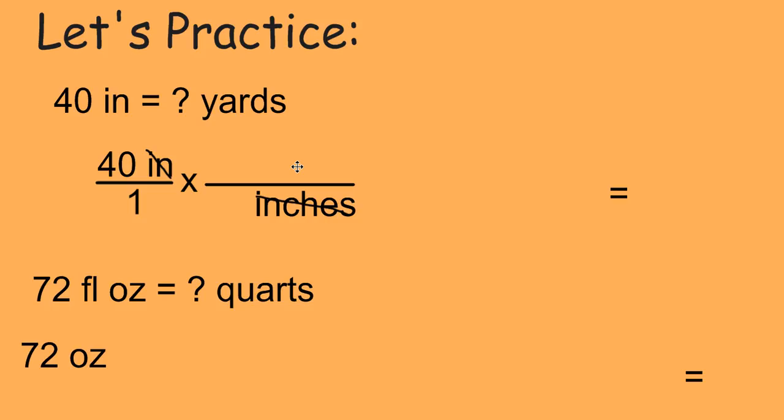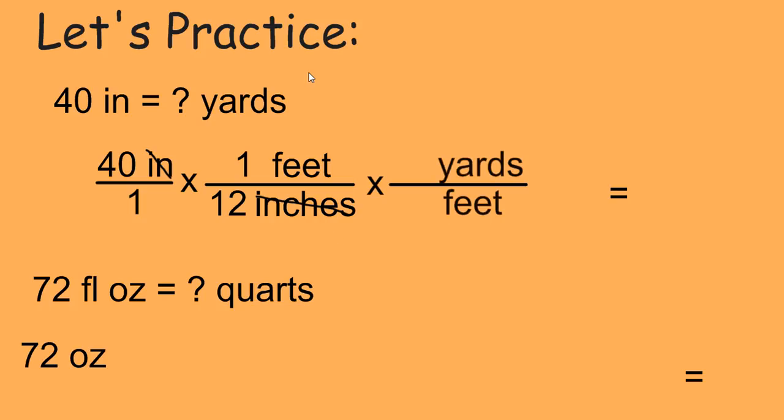But in this case, we're going to actually convert to feet first, and then from feet to yards. So 12 inches is equivalent to 1 foot. Then we are going to multiply by another conversion factor. What type of units do you think will be on bottom this time? That's right, feet on bottom and yards on top.